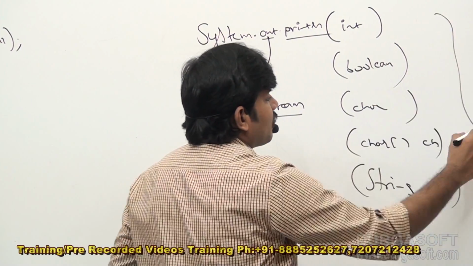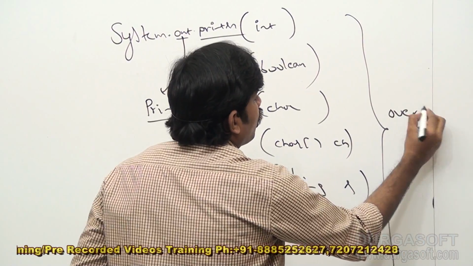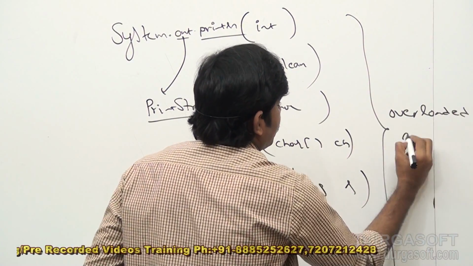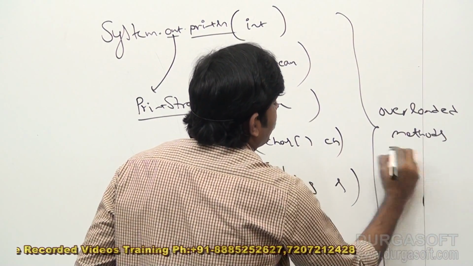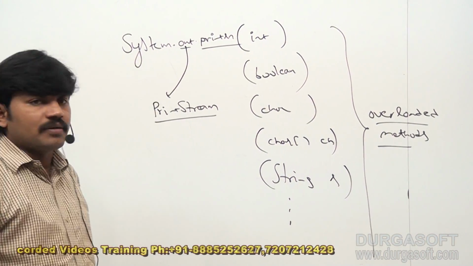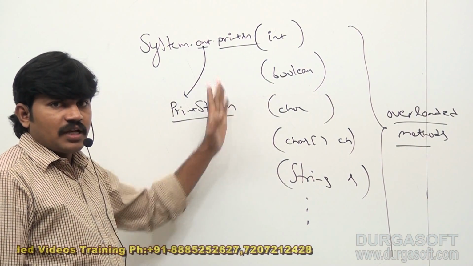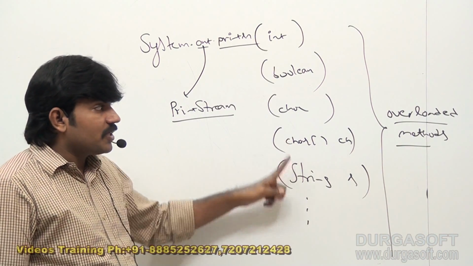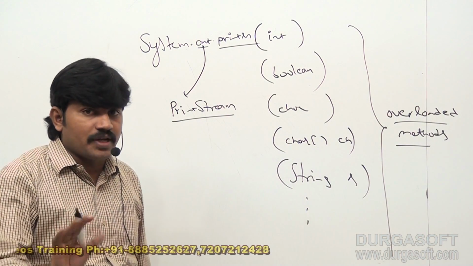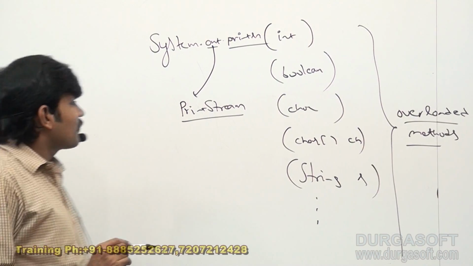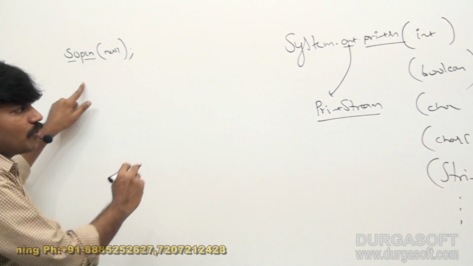All these methods are by default considered overloaded methods. You know this concept, right? Multiple methods having the same name but different argument types are called overloaded methods.